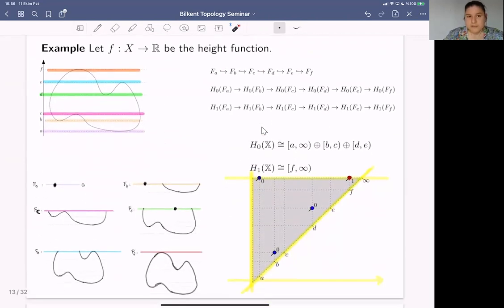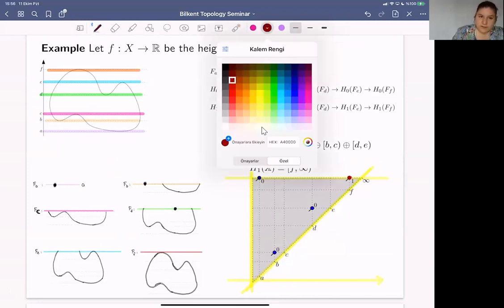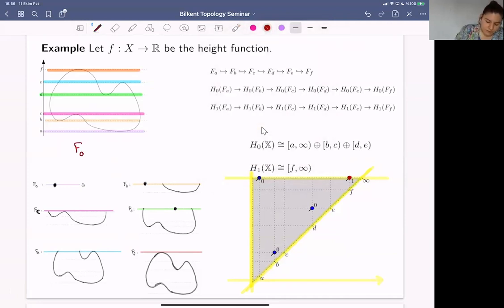For instance, if you consider this compact manifold and this height function, then one can consider the sublevel sets. F sub A is the set of X in the manifold such that F of X is less than or equal to A. This is a compact manifold and there are finitely many critical numbers.